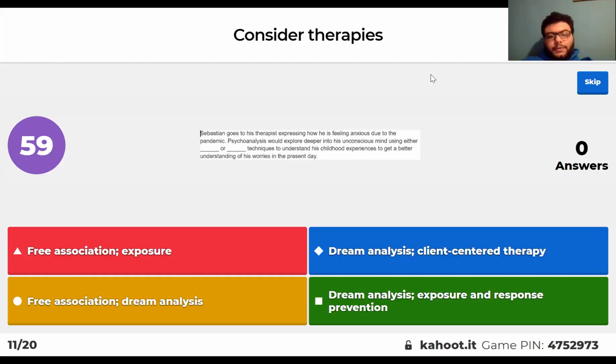In psychological therapies, Sebastian goes to his therapist expressing how he feels he is anxious due to the pandemic. Psychoanalysis would explore deeper into his unconscious mind using either blank or blank techniques to understand his childhood experiences and get a better understanding of his worries in the present day.